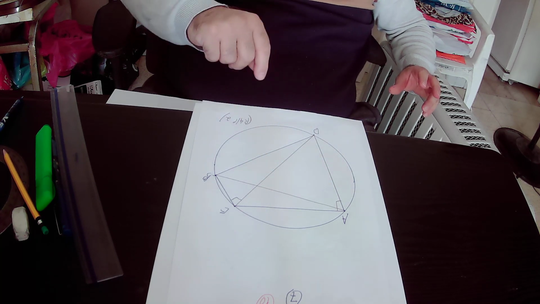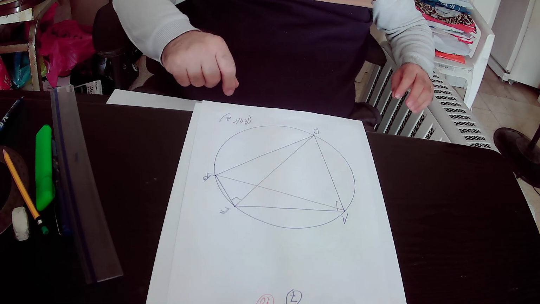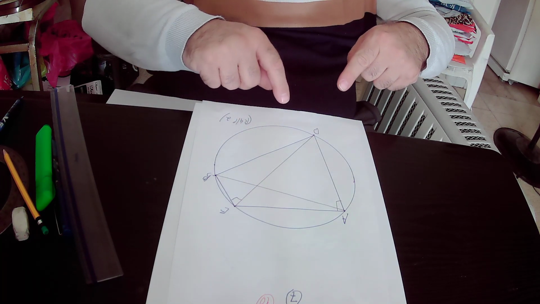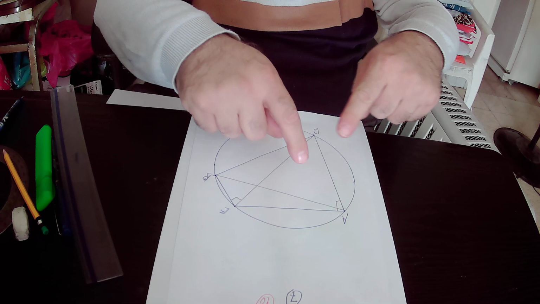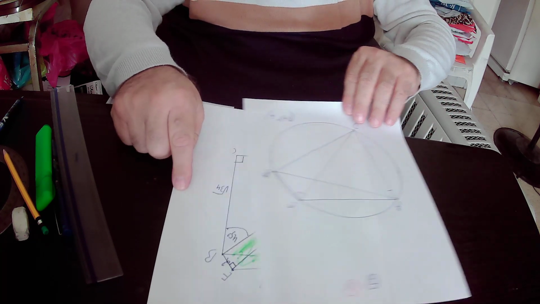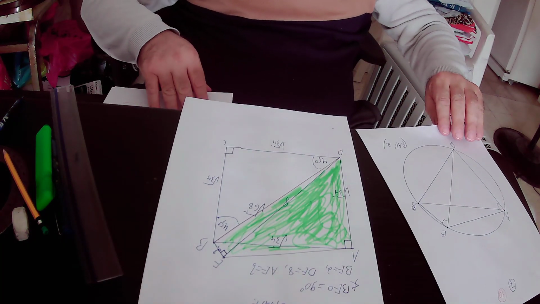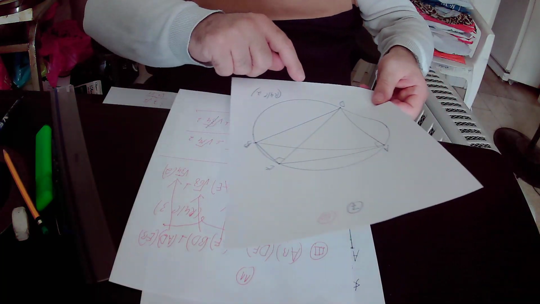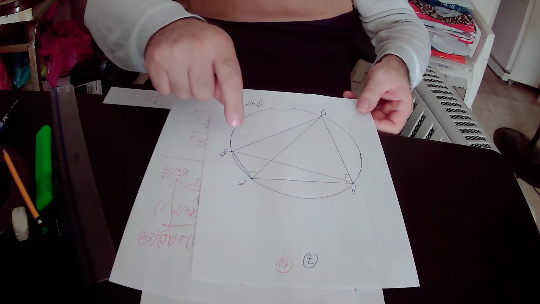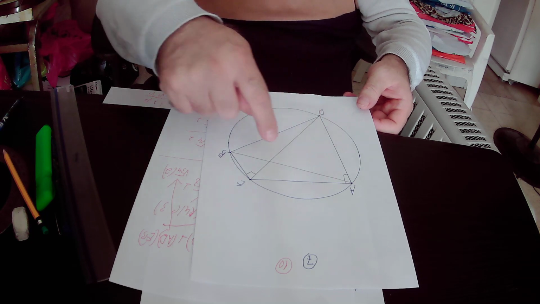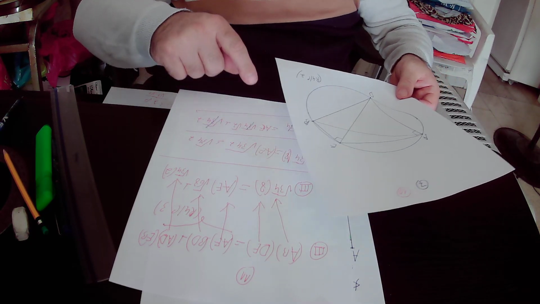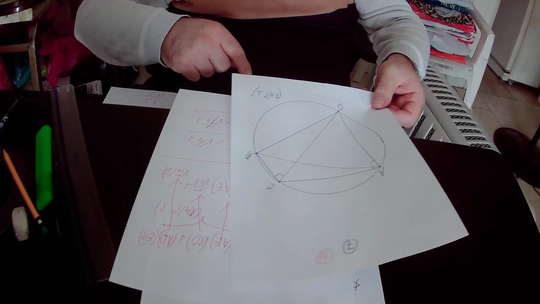And according to rule number 3, the product of quadrilateral AEBD diagonals, that is to say AB times DE, this product equals the sum of the products of its opposite sides.